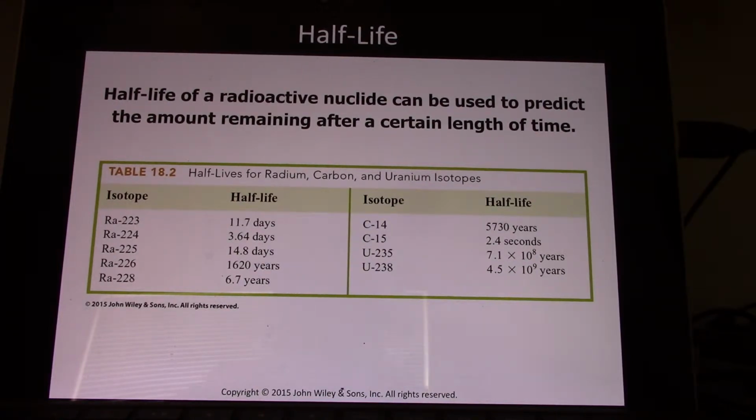Carbon-14, 5,730 years. Carbon-15, 2.4 seconds, which is extremely rare. Uranium-235, 7.1 times 10 to the 8th years. Uranium-238, 4.5 times 10 to the 9th years. And so different radioactive elements have different half-lives. They can range from 1/10,000th of a second to billions of years.